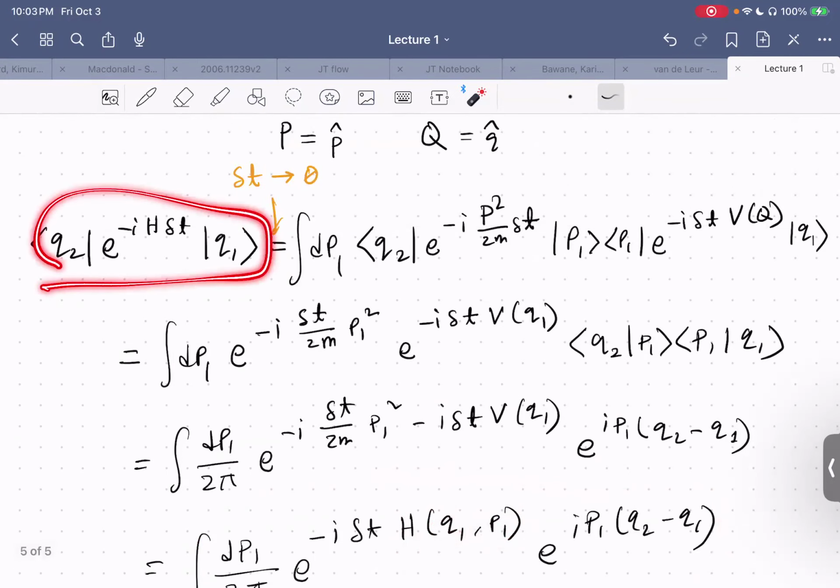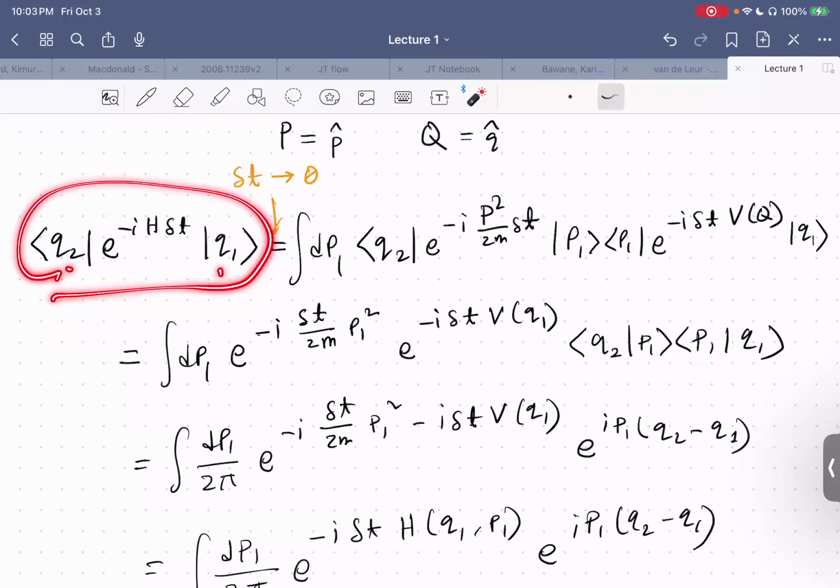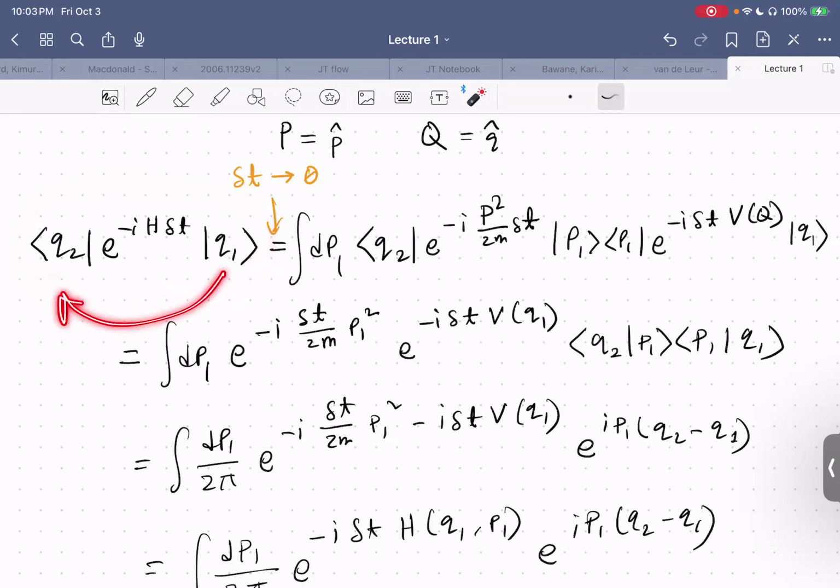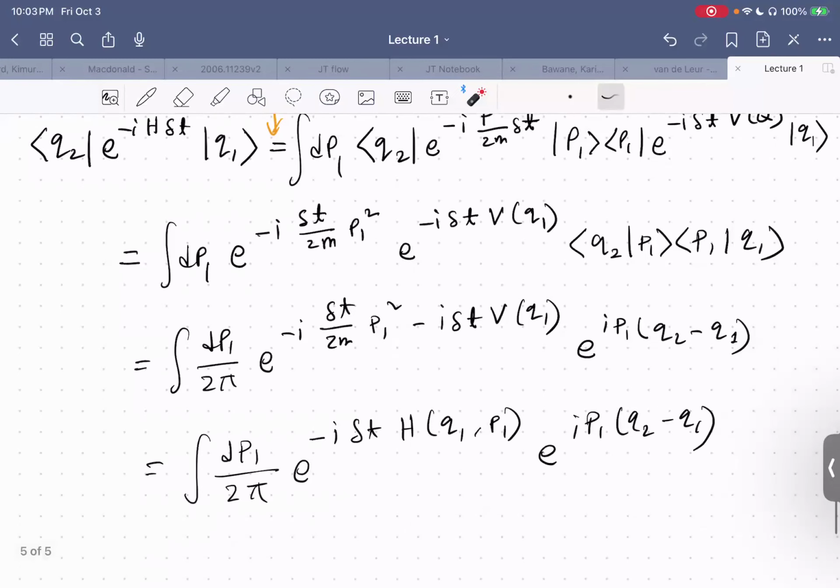If you look at just this expression, it is almost symmetric in Q1 and Q2. You could replace Q1 and Q2, and that just seems to be a complex conjugation type thing, right? Here you have Q2 minus Q1, almost symmetric.